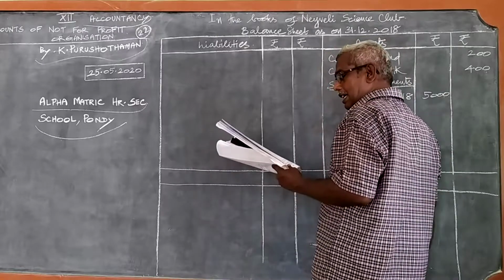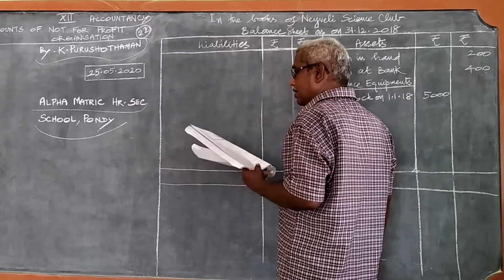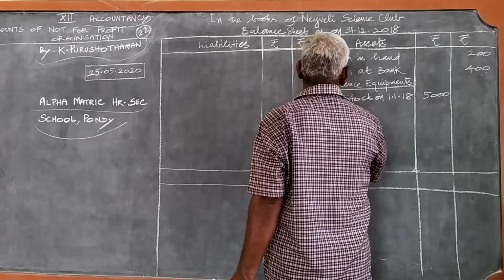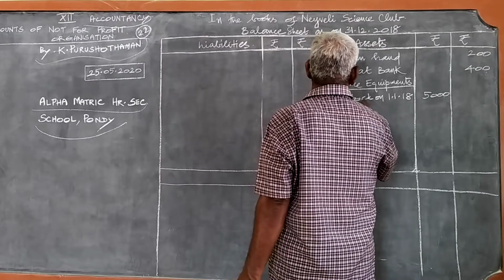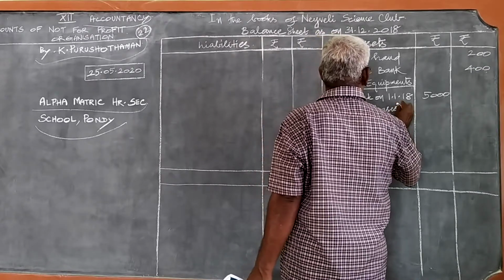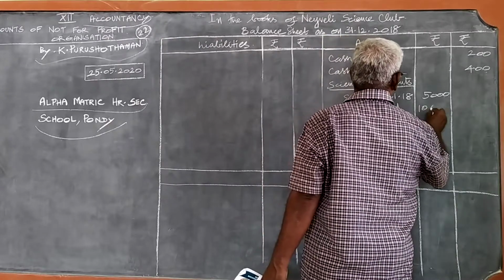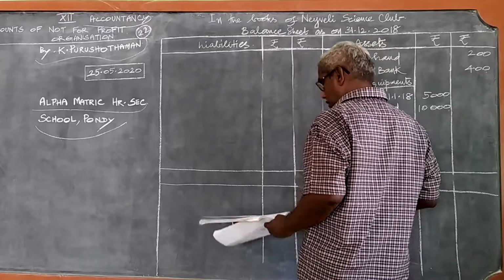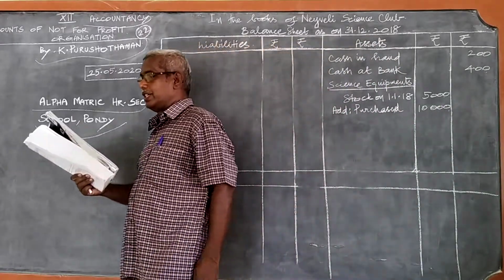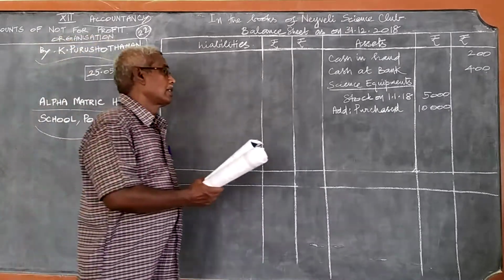This is given under additional information. And science equipment purchased is $10,000. It is given on the payment side, and on the receipt side you can see sale of science equipment.